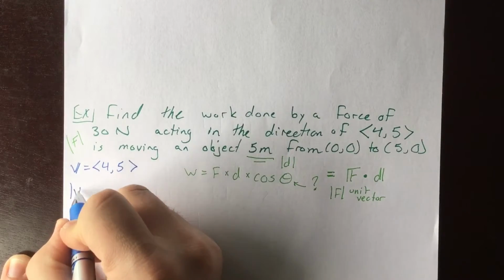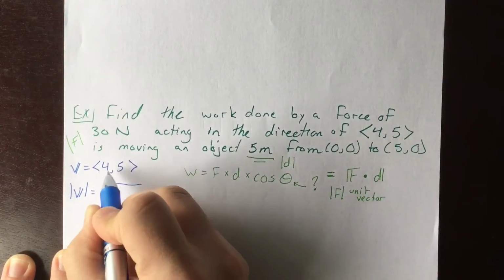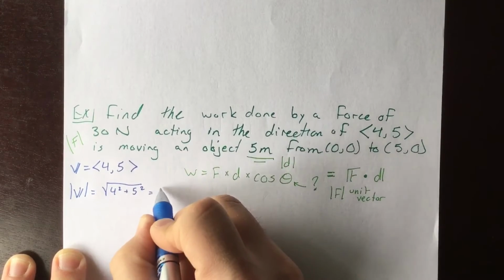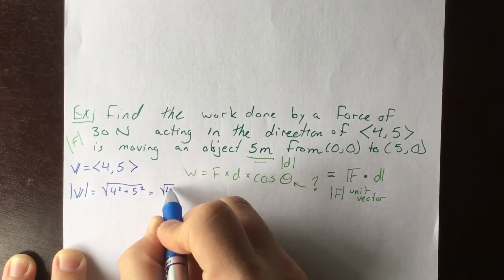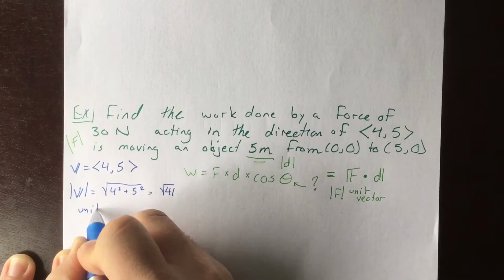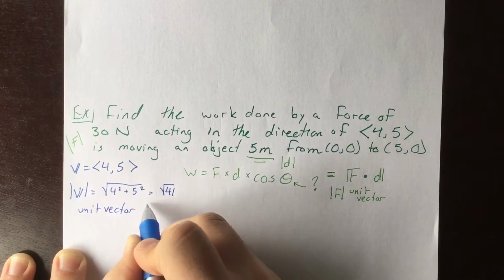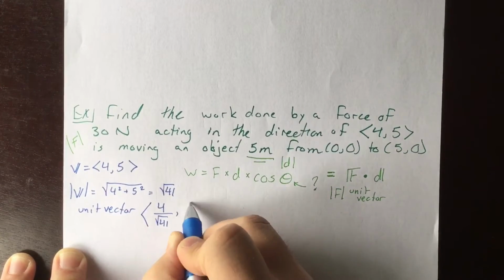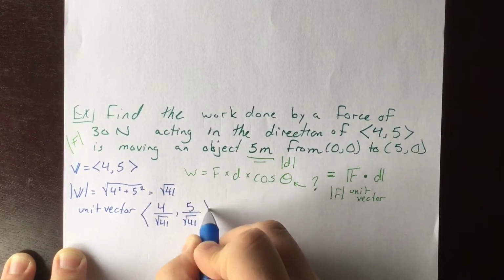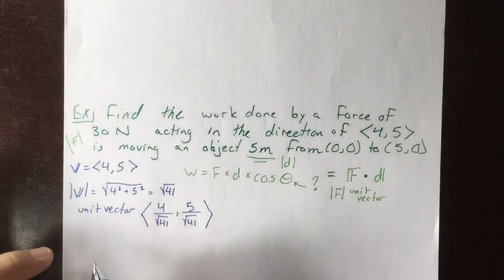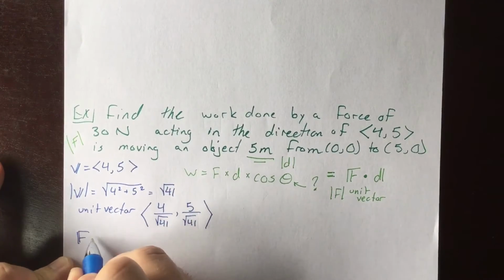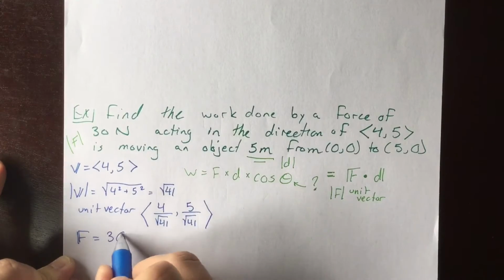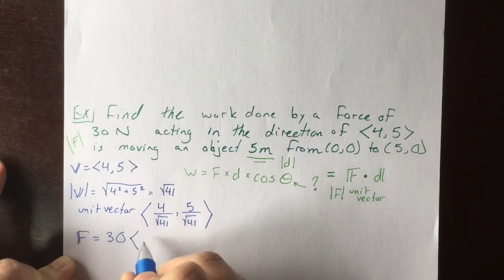The magnitude of v would be 4 squared plus 5 squared, so that's 16 plus 25, which is 41. So the unit vector is <4 over root 41, 5 over root 41>. That's the unit vector. So the force vector is going to be the magnitude of the force, which was 30, multiplied by the unit vector we just found.